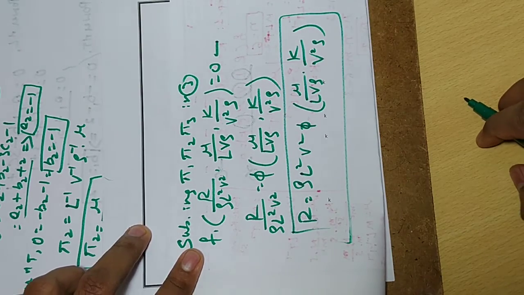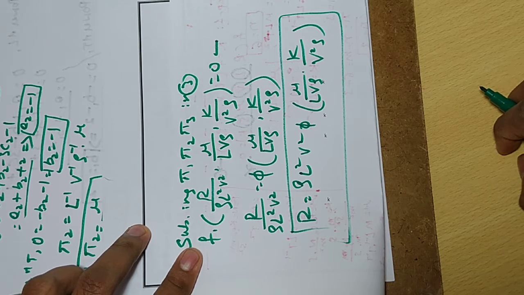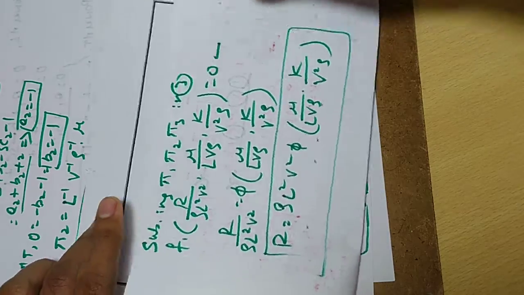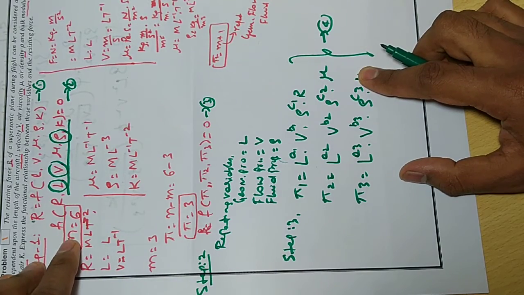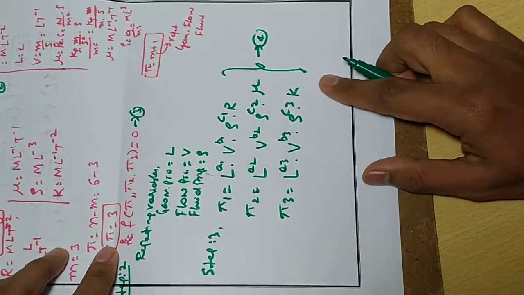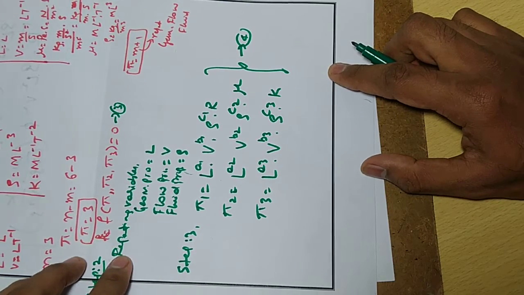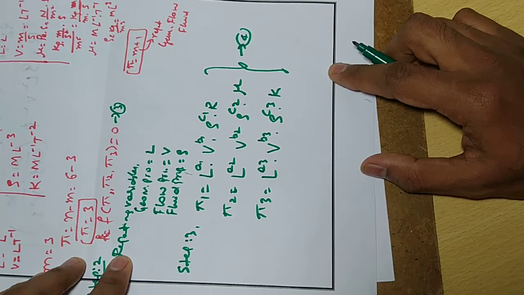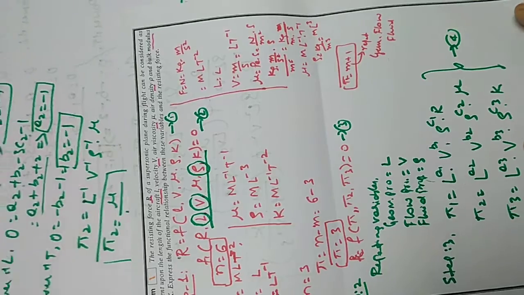So very deeply I explained this one problem from the basics, including how to write the dimensions. This is repeated so many times. Then I also explained how to take the fundamental number of variables, the m repeating variables, writing this equation, how to choose the repeating variables, then writing the pi terms and solving them one by one, pi 1, pi 2, pi 3.